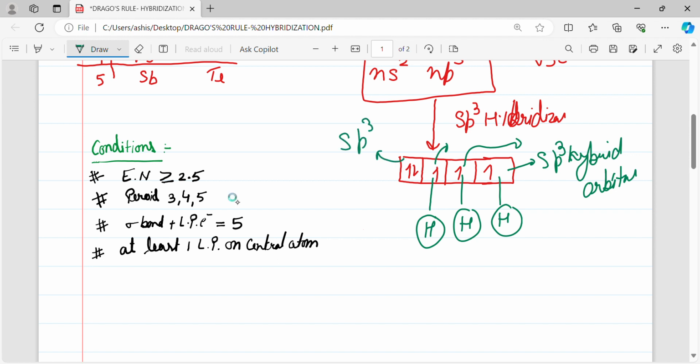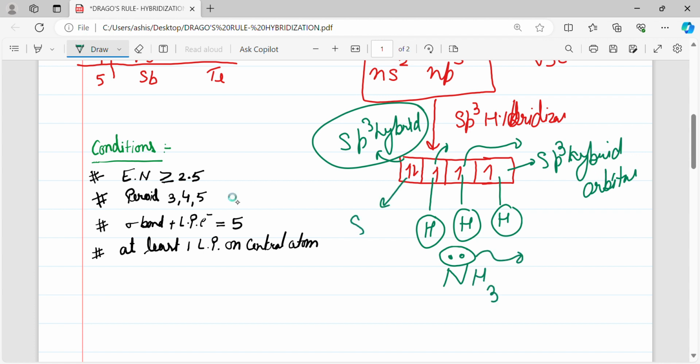The lone pair of nitrogen in the case of ammonia is present in an sp3 hybrid orbital.